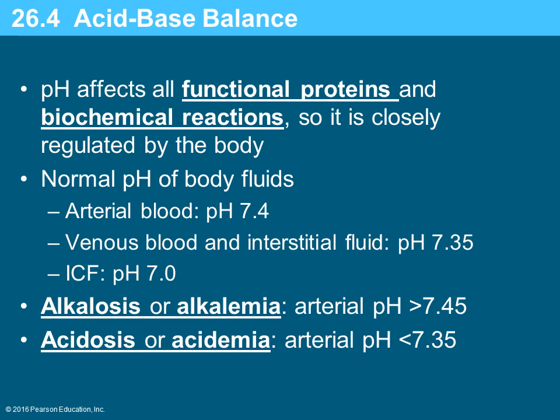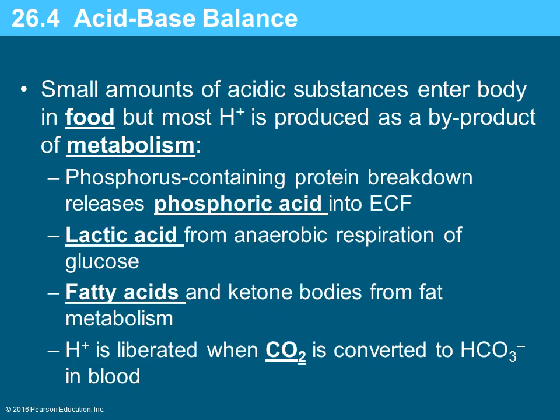If it is below 7.35, it is acidosis. You can end up in very serious problems very quickly if you end up in acidosis or alkalosis. So you can see it needs to be between 7.35 and 7.45 in that arterial blood. Adjustments will be made otherwise.